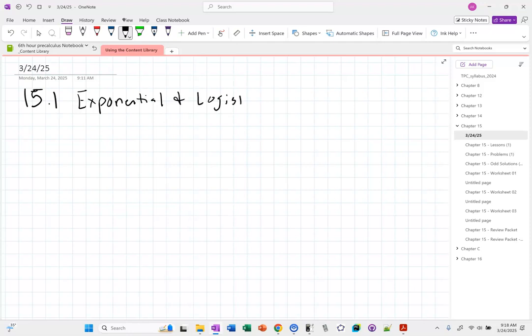We're not actually going to get to the logistic part today. We're just going to start with the exponential part, but we see them at the end of the section, but we won't get that far today. As earlier specified, we're going to do a little bit of this because we're not off sequence with the A-day.